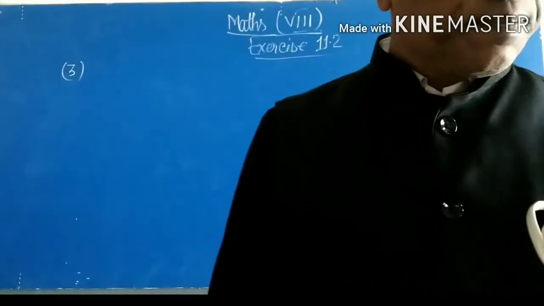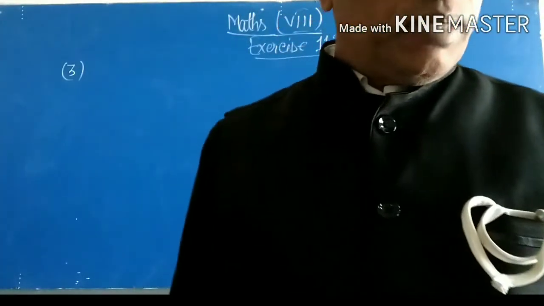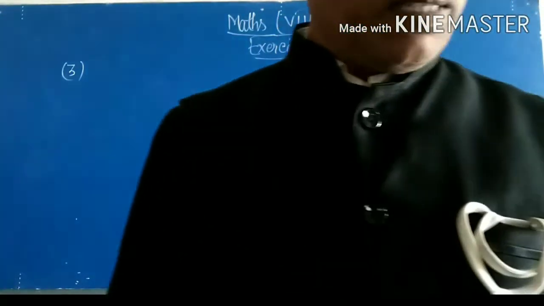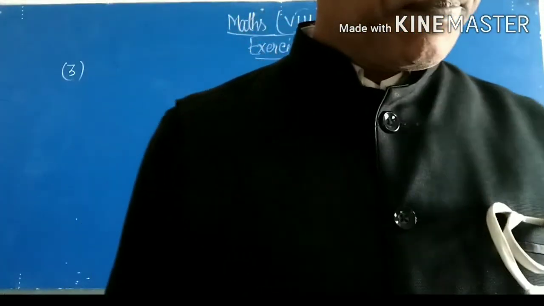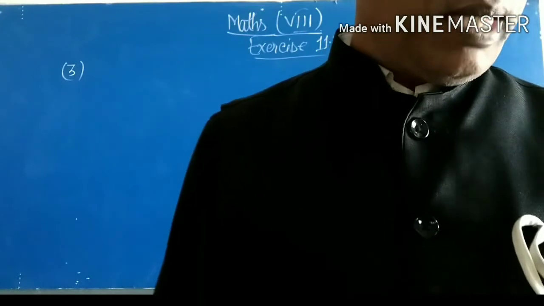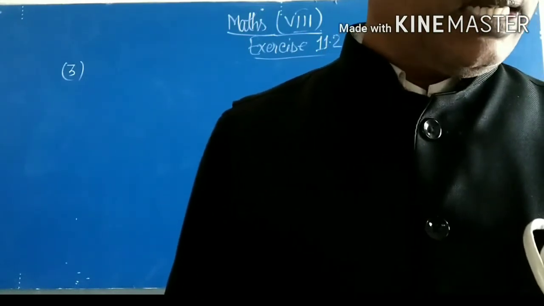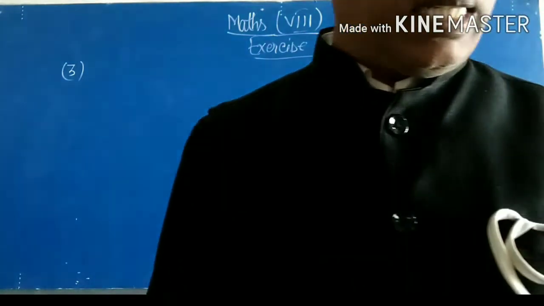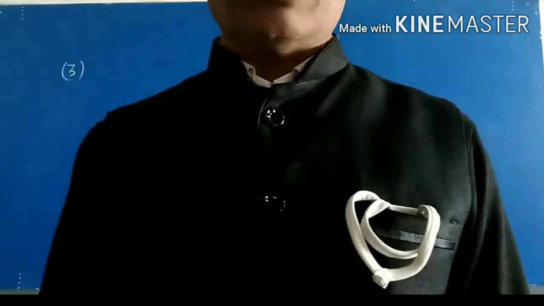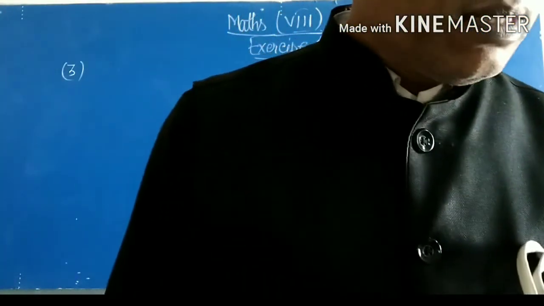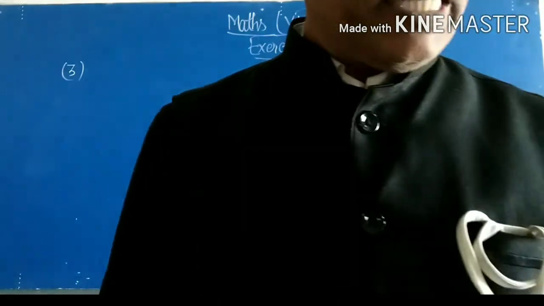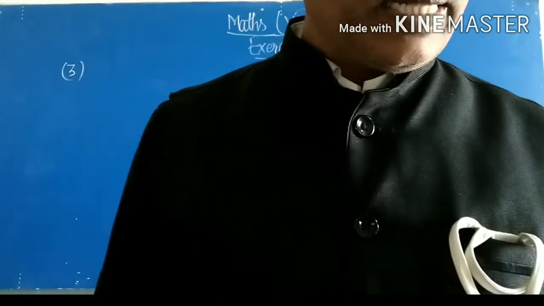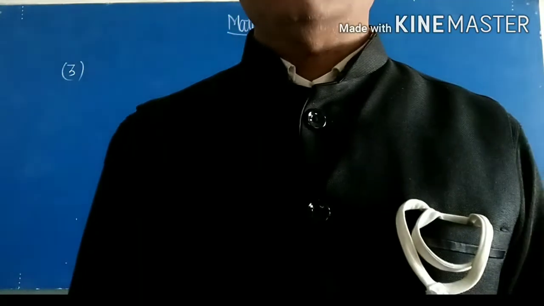Question number 3. Your question is, length of the fence of a trapezium shaped field ABCD is 120 meter. If BC is equal to 48 meter, CD is equal to 17 meter and AD is equal to 40 meter, find the area of this field. Side AB is perpendicular to the parallel sides AD and BC.